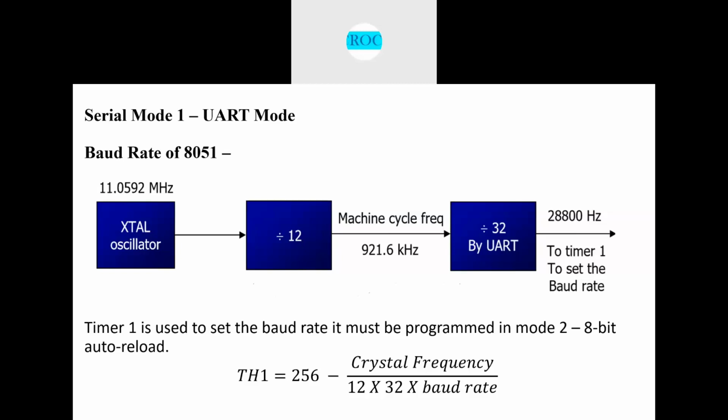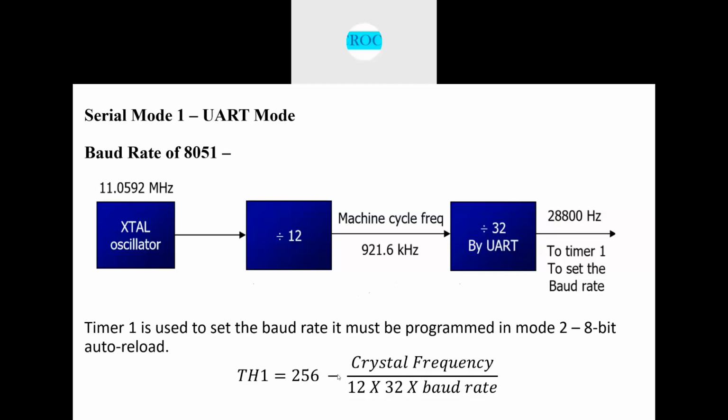As I said, in UART mode this machine cycle frequency is divided by 32, and this is the frequency applied to timer 1, which is selected in mode 2, the 8-bit auto reload mode.